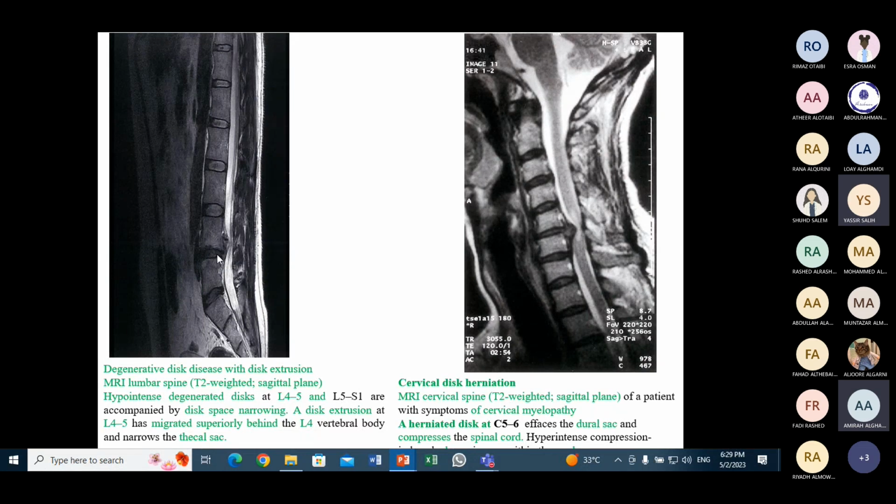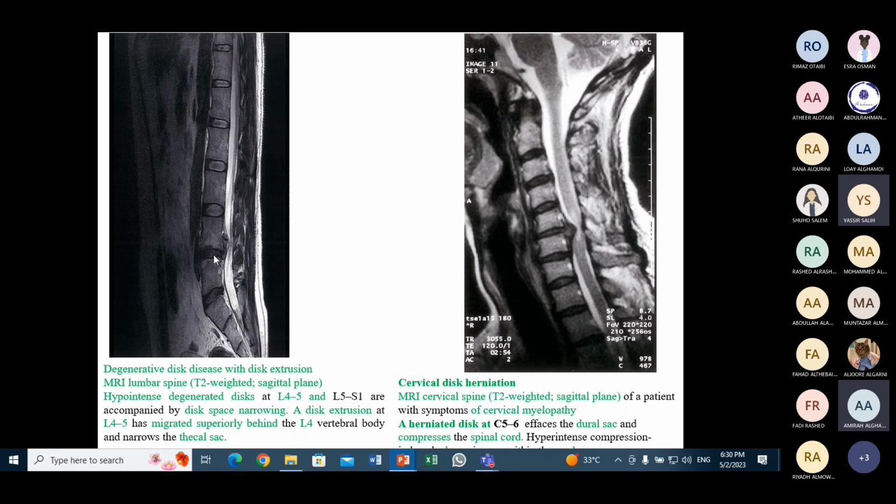Before the 5, this is L4-L5. The disc space between L4-L5 is dehydrated because of loss of its normal signal, and also the L5-S1 is dehydrated.